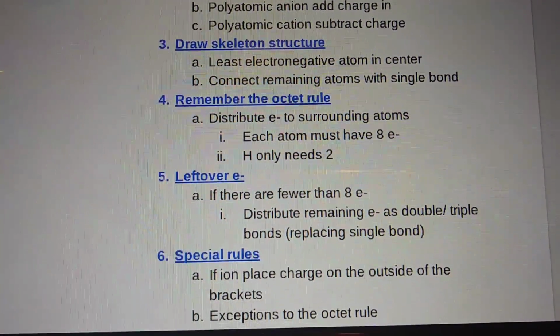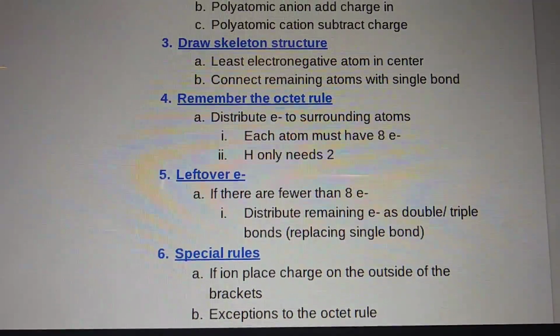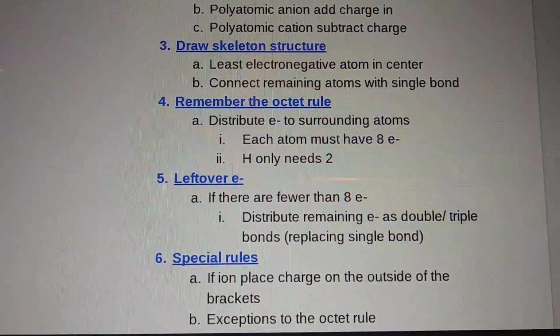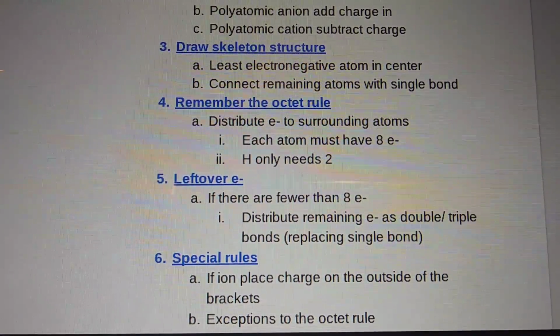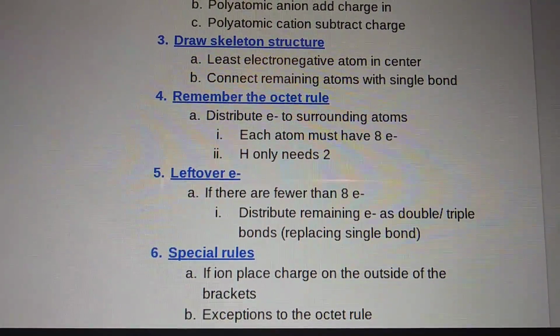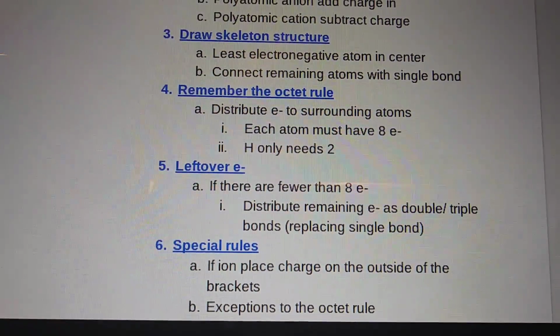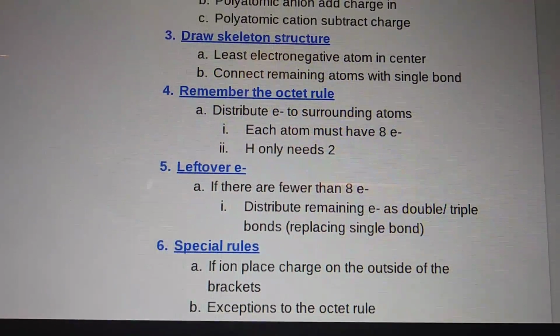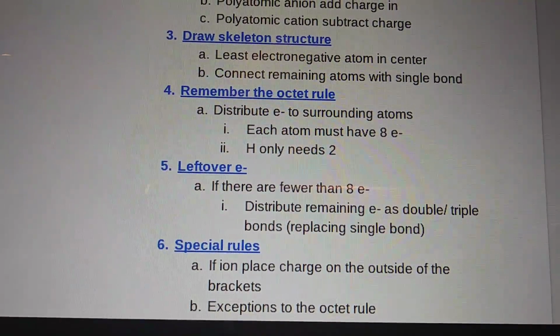So, if there are fewer than 8 electrons left over, you would just distribute them as double or triple bonds, which replace the single bond that is connecting the electronegative atom and the outer atom.